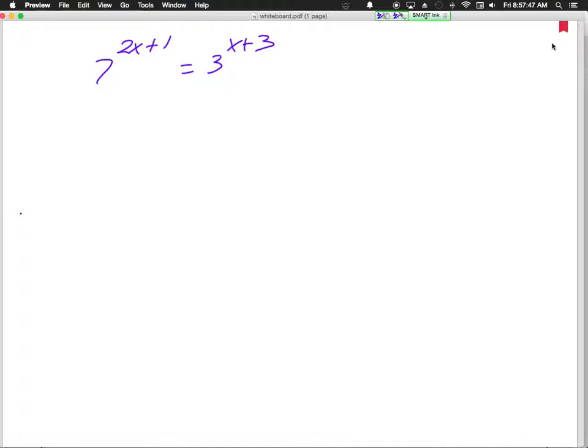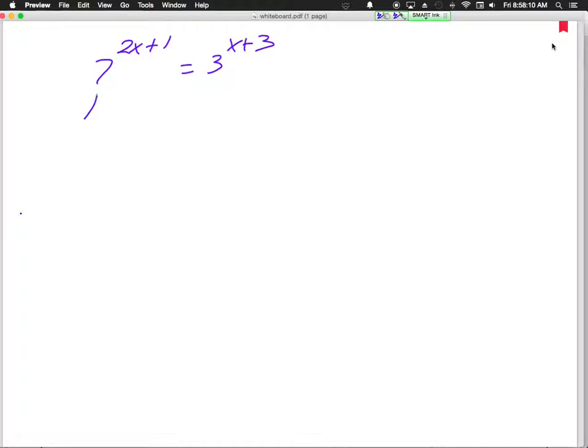Alright, so we should notice that this is an exponential equation and it has 2 exponential parts. So what do we do whenever we have 2 exponential parts? Try to get the bases the same, but what's the problem with this one? Not possible. So when it is not possible, there is a 6-step process to solve this equation. It's not hard, there are just 6 steps to it.